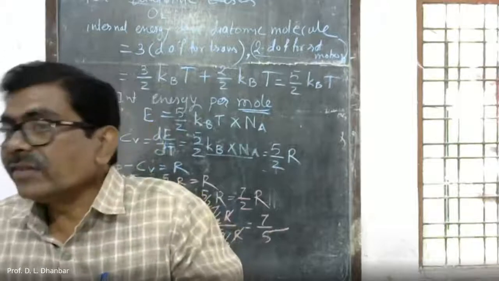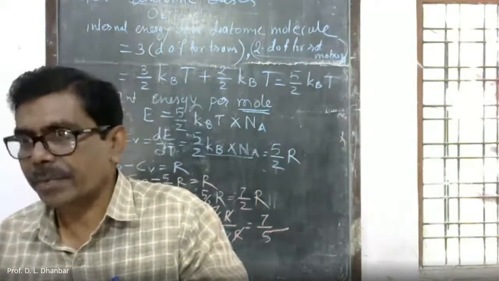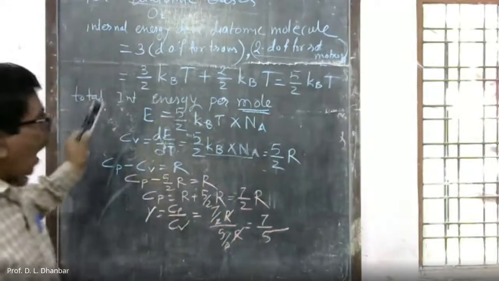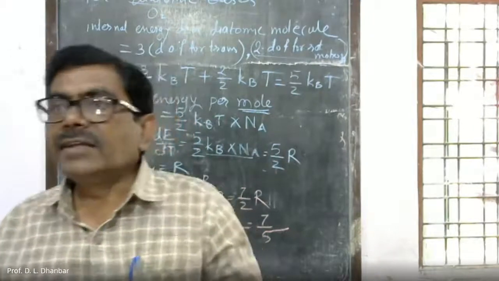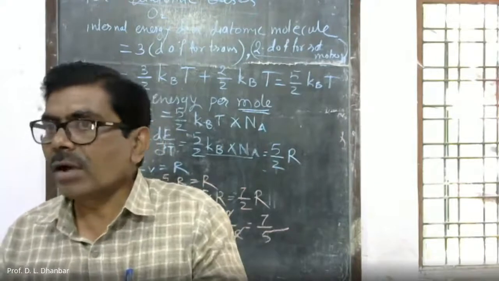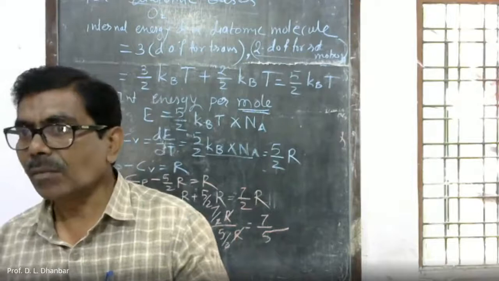If the molecule is not rigid, if it is a non-rigid molecule, then what happens? We have to add one more degree of freedom, and that is what? Vibrational mode. One additional degree of freedom for vibrational motion.